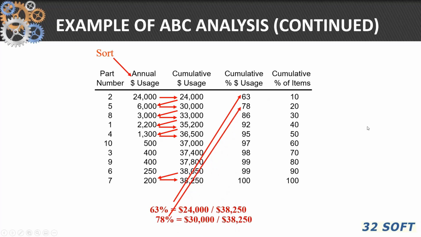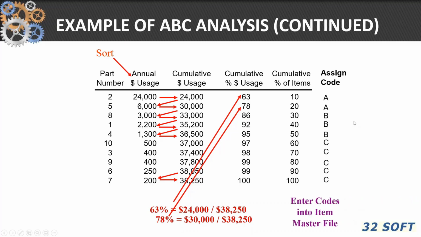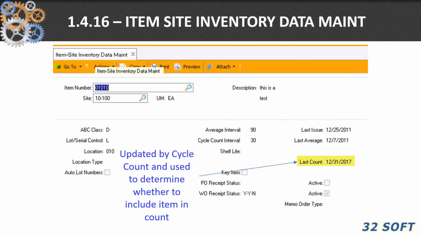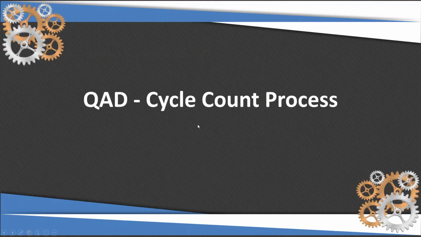Then we continue on down, and then based on our analysis, we assign various ABC codes to those. And those ABC codes are entirely up to you, how you want to measure them. Then we enter the codes into the item master file in 1.4.3 to give you your count process.